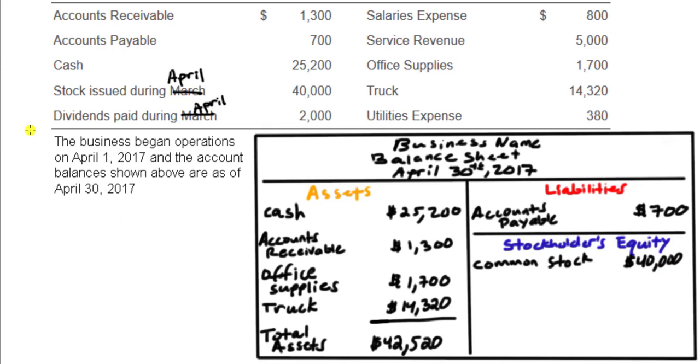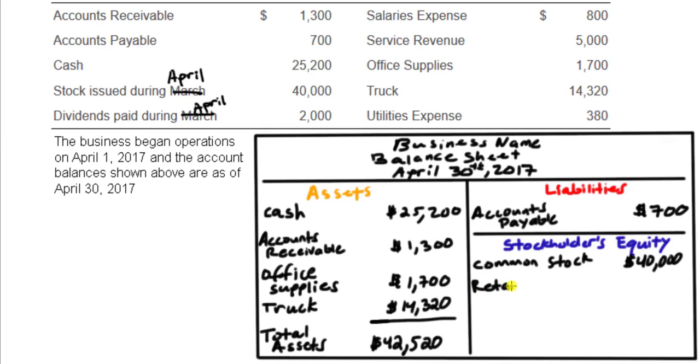Okay, what's next? Common stock and retained earnings. What is our retained earnings account balance as of today, as of April 30th? Okay, well, in the previous video, we solved for this balance. It is $1,820.